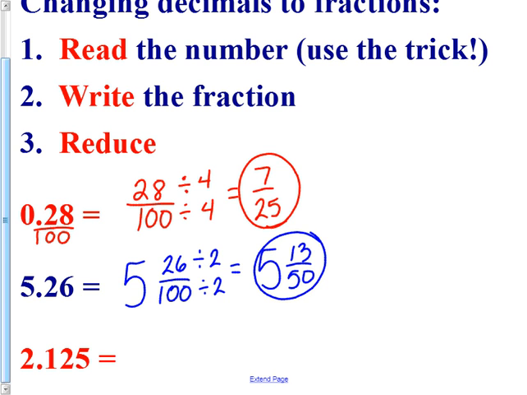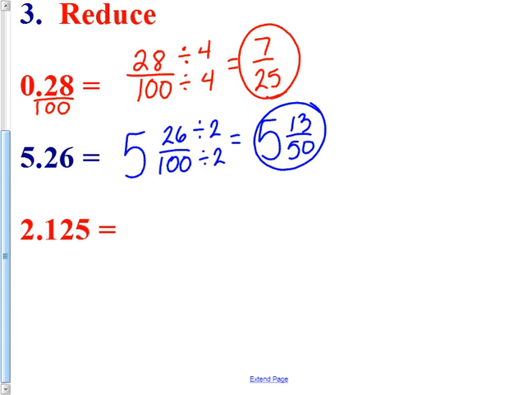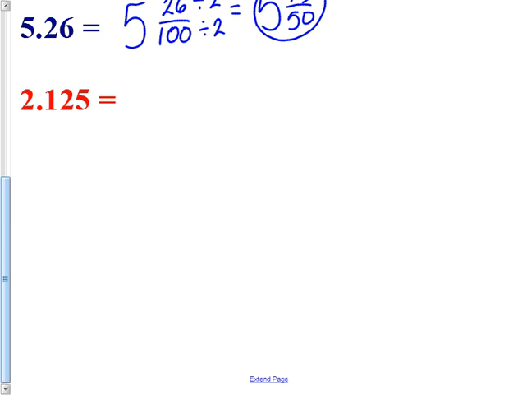And then last but not least, we will read this one as 2 and 125 thousandths. As you can see, the hardest part of this is really the reducing part of it.